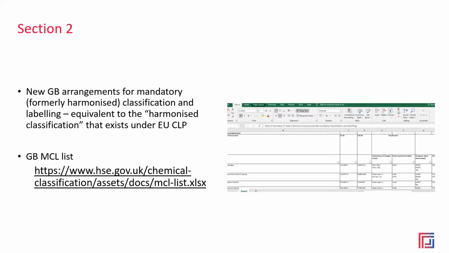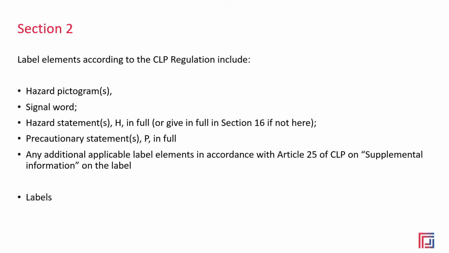In our presentation, you will find the link to the GB MCL, and you can download it since it's in an Excel spreadsheet, and you will need to start to comply with the classification. Regarding Section 2, there are actually some requirements that were already brought.